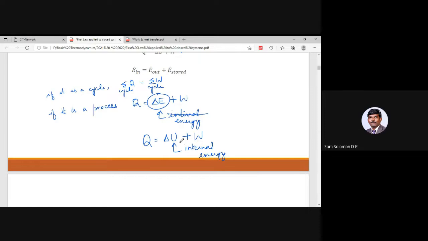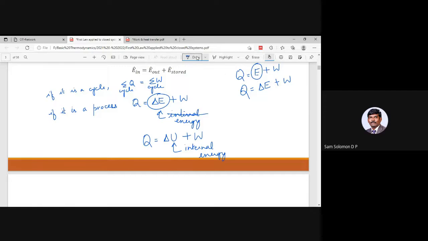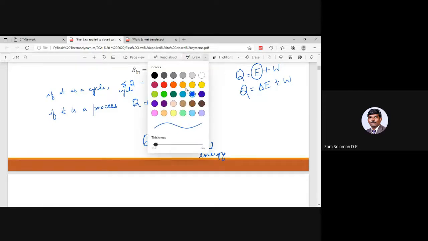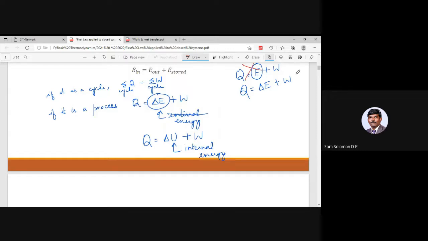And this is very, very important here. What if you write this as E plus W? Why not E plus W? Why do we give Q equal to delta E plus W? I say that the first equation is absolutely wrong, and the second equation is only correct.